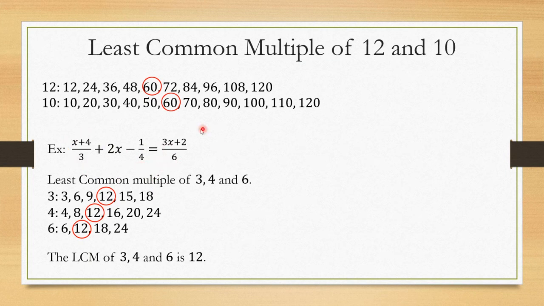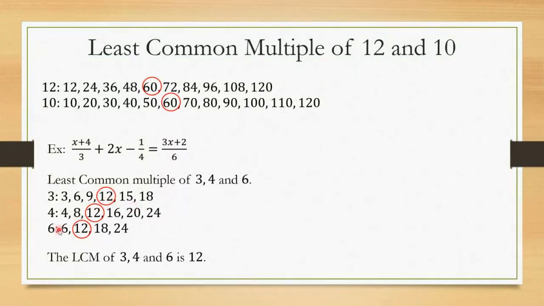If we want to solve this equation, we want to get the least common multiple of 3, 4, and 6, and multiply both sides by it. So let's get the least common multiple first. For 3 we have 3, 6, 9, 12, 15, 18. Now I'm going to stop there. For 4, we have 4, 8, 12, 16, 20.